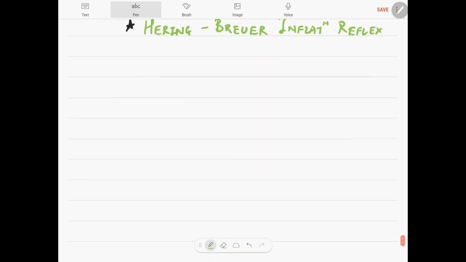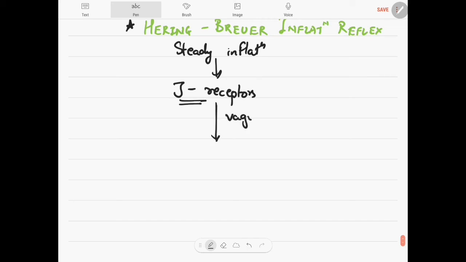What it essentially is: if there is a steady inflation, and the lungs are excessively stretched, the stretch receptors, also called J receptors, send inhibitory signals via the vagus to the apneustic center.